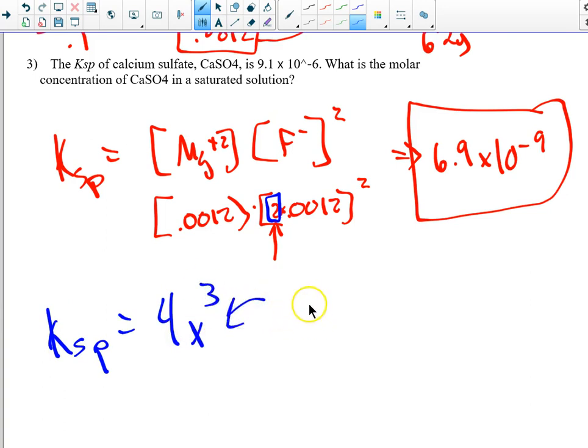X is what we just solved for, which is 0.0012. Multiply it by 4, and then have that cubed. And it works the same way with less margin of error. Okay. You should cube, then multiply by 4, correct? I think it will definitely matter.